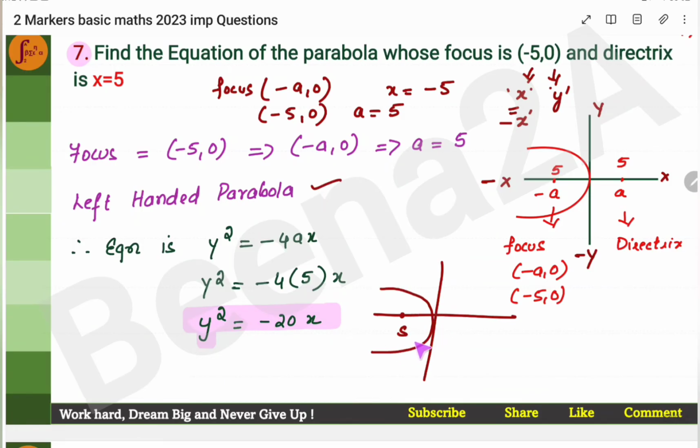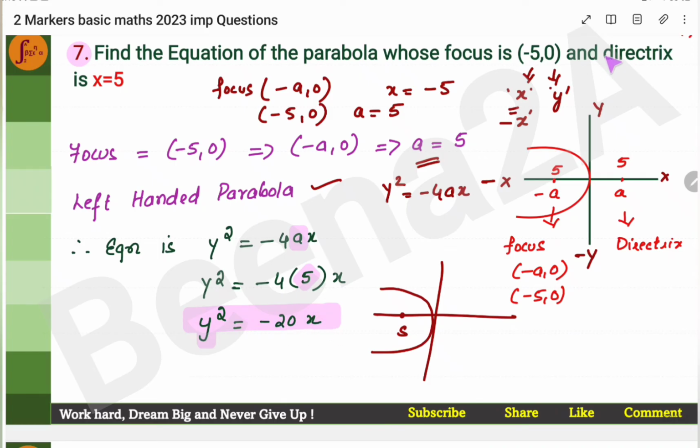The equation for a left-handed parabola is y square is equal to minus 4ax. Here we know a is equal to 5, because they've given the focus coordinate in the question. So we substitute a as 5 here, and we get the equation as y square is equal to minus 20x.